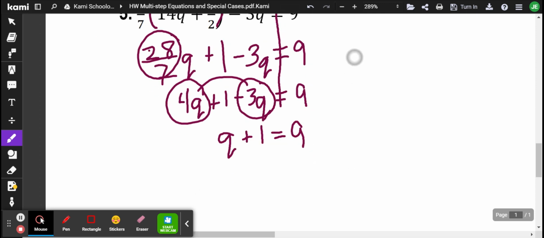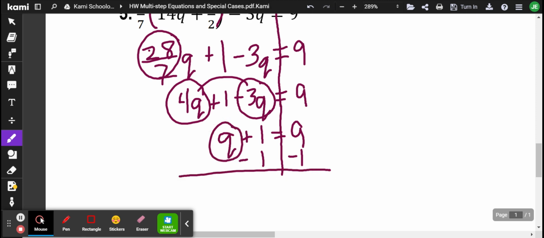And then we follow our last step here, minus 1, minus 1. So we're left with q, positive, negative are going to cancel. q equals 8.